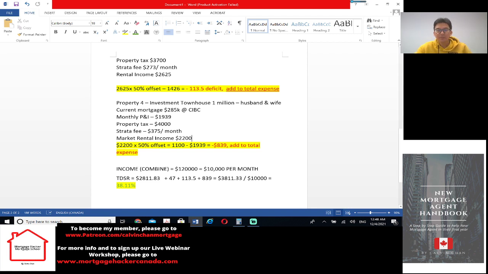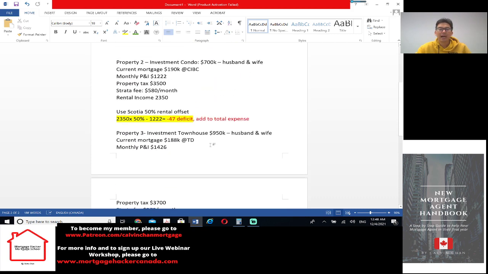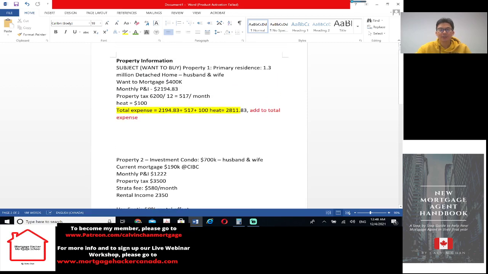So half of that, which is 1,100, minus the P&I, the rental deficit is $839, right? The client has absolutely no other debt, no car loan, no car lease, no student loan, nothing.